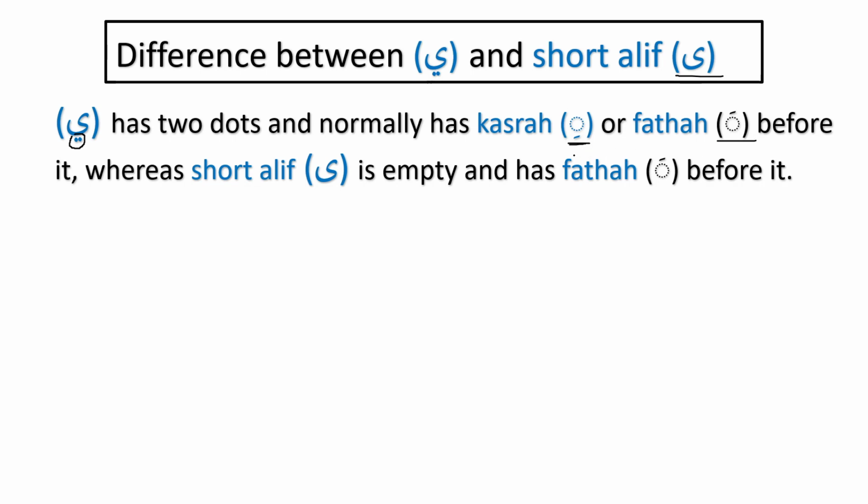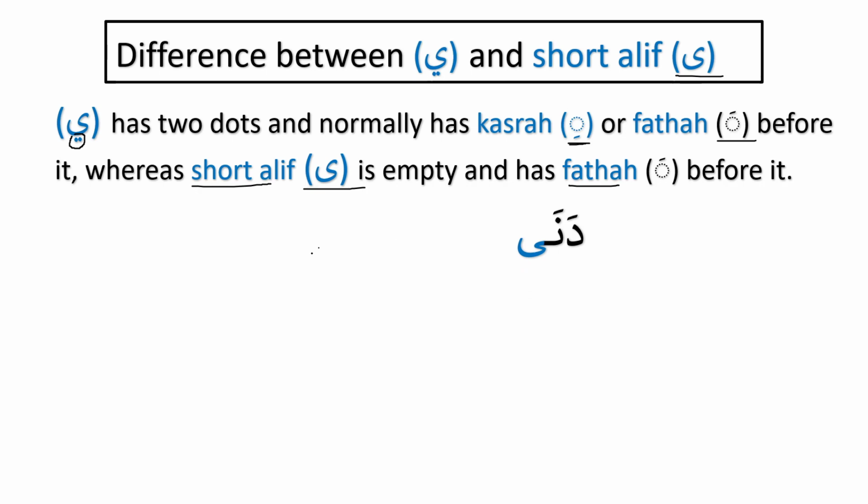Most of the times it has Kasra before it, but there is a possibility that it can have Fatha before it as well. Whereas short Alif, as we can see over here, is empty and has Fatha before it. So like Alif, short Alif always has Fatha before it. So these are the two things that are common between Alif and short Alif.